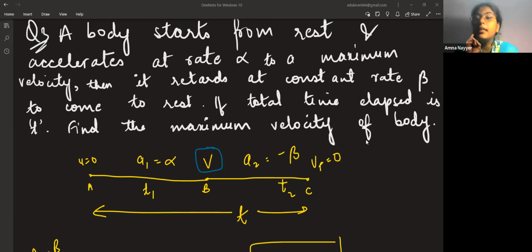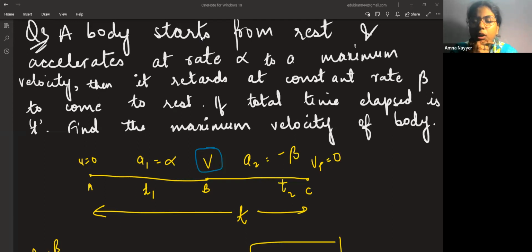It can contain T, but not T1, not T2, and no other variable which is not given, not X, not Y, not Z. So I had to eliminate T1 and T2. The best method is to add T1 and T2. They were the times from A to B and B to C, so combined, from A to C, that gives the total time T. So T1 plus T2, I had taken as T. Then I kept the values of V by alpha plus V by beta, from which I concluded the equations. Clear, Sarah? Yes, ma'am.